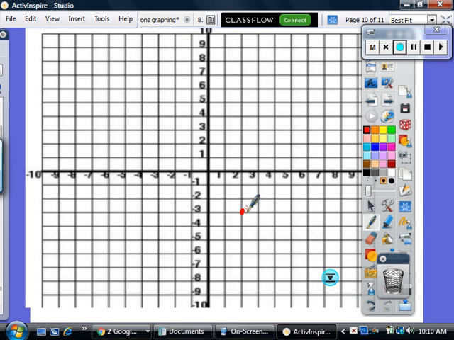And then the next point was negative 2, negative 9. And the next one was 6, 3. And then 0, negative 6. Was that the other one? Okay.